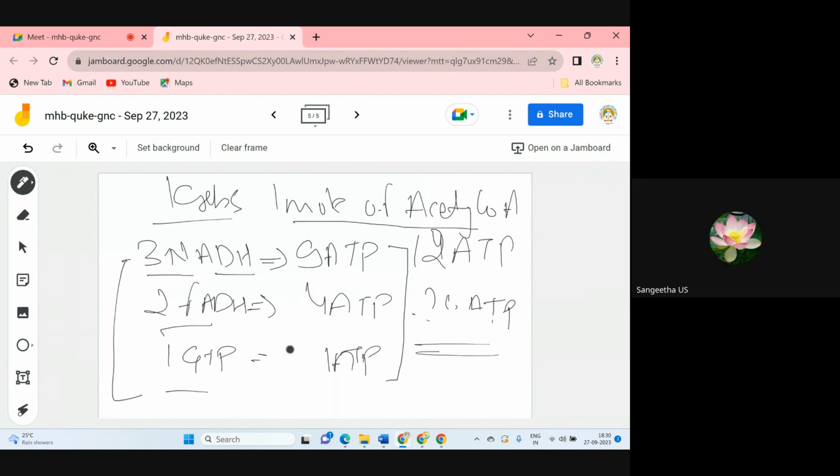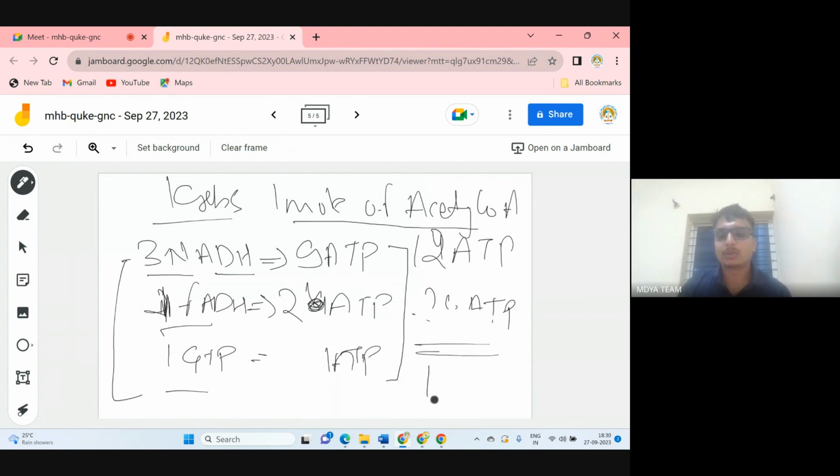Only one FADH is produced in one Krebs cycle, right? If we consider 2 Krebs cycles, then there will be a production of 4 ATPs, but here it's only 2 ATP. Then there will be a total of 12 ATP production.